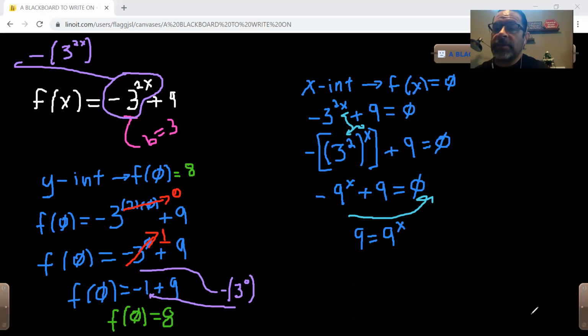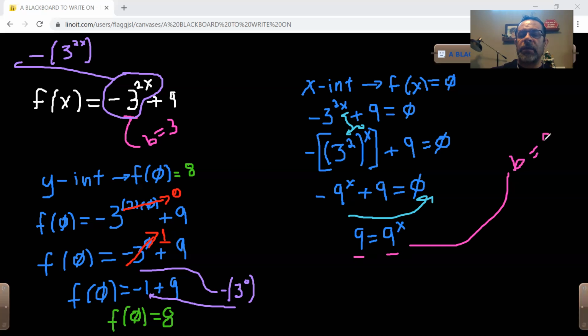Now here we're going to be doing some math magic. And what happens here? Notice one thing. Notice that we have the same base. In this case, the base is 9. Okay. The base is equal to 9.